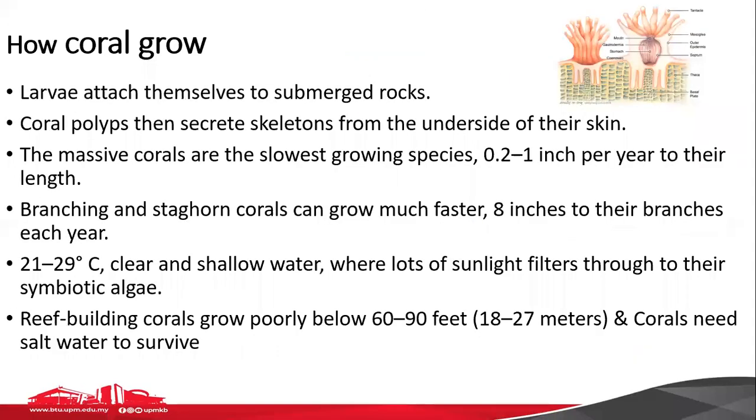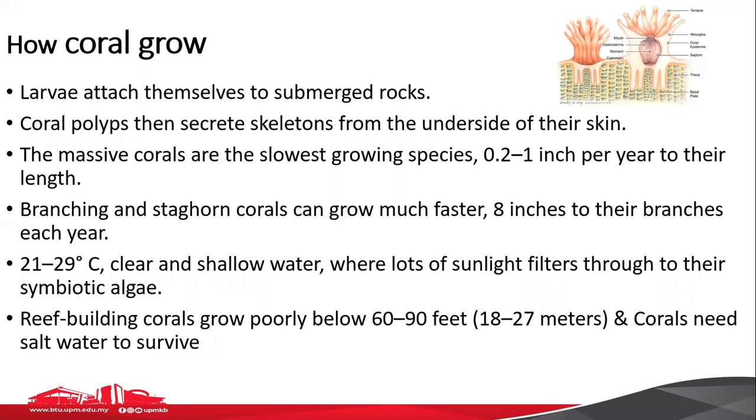So now we are going to see how the coral grows. The free-swimming larvae attach themselves to the submerged rock or any substrate, and the coral polyp will secrete a skeleton from the underside of its skin. There are two different growth performances between massive coral and branchy staghorn coral.